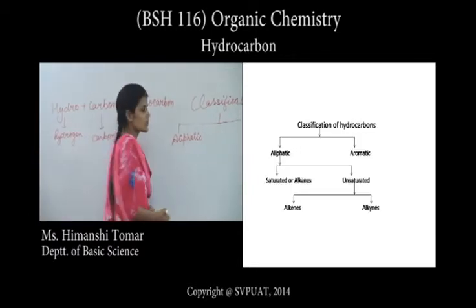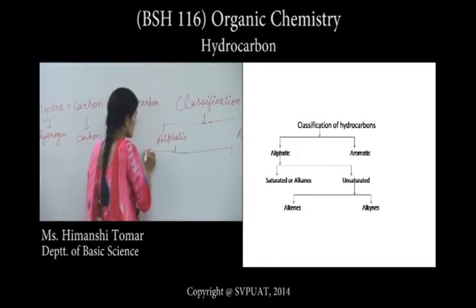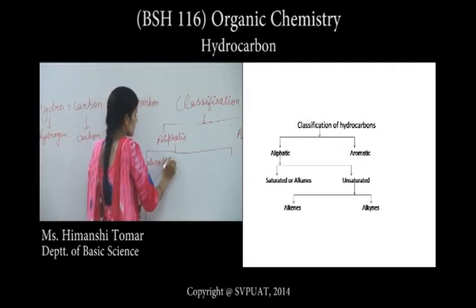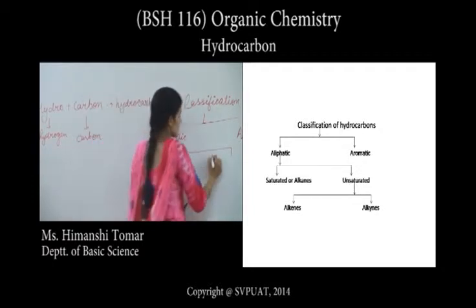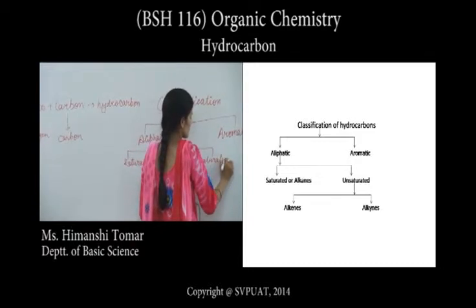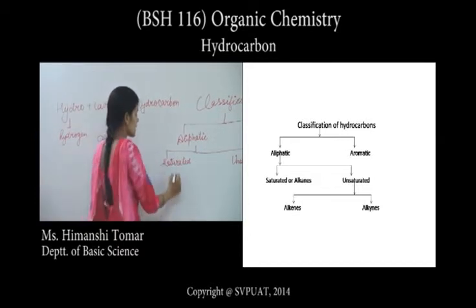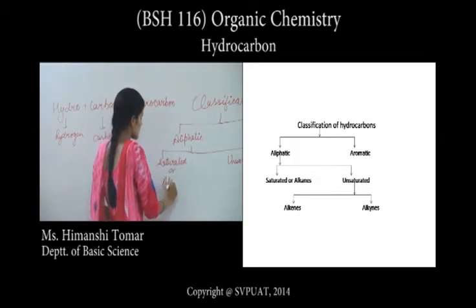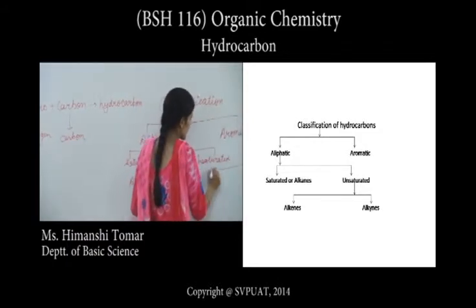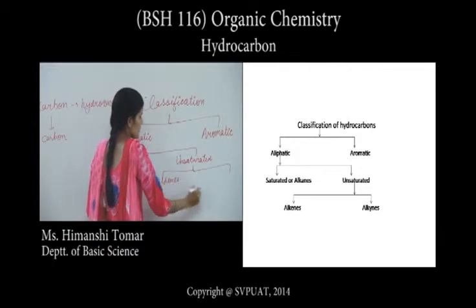Now we divide aliphatic compounds into two types: saturated and unsaturated. Saturated hydrocarbons are known as alkanes, and the unsaturated are alkenes and alkynes.